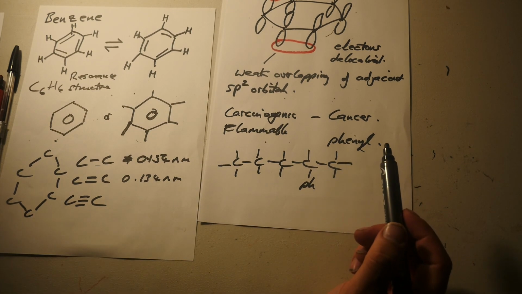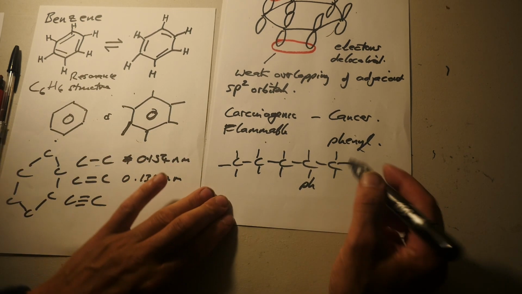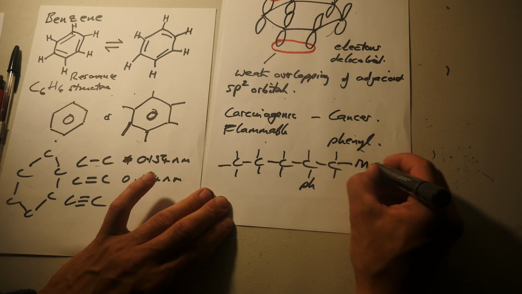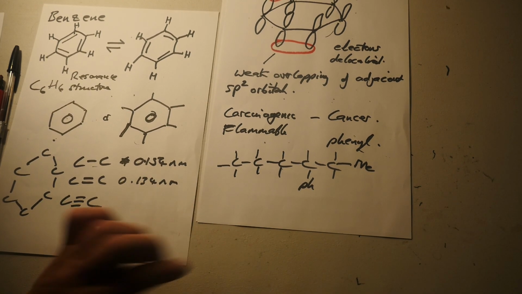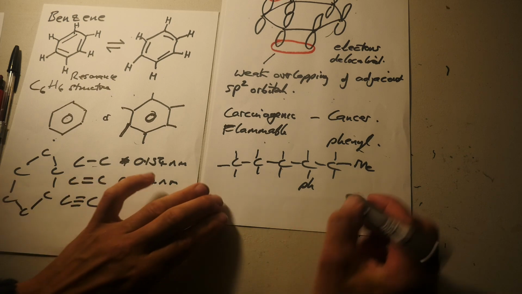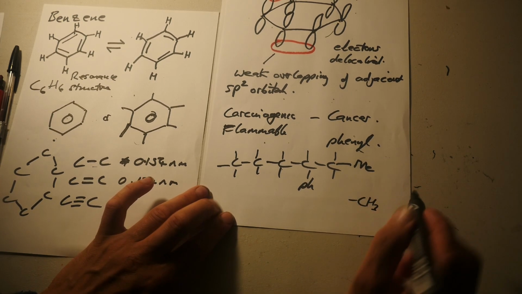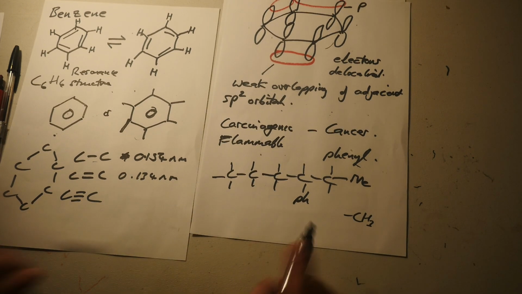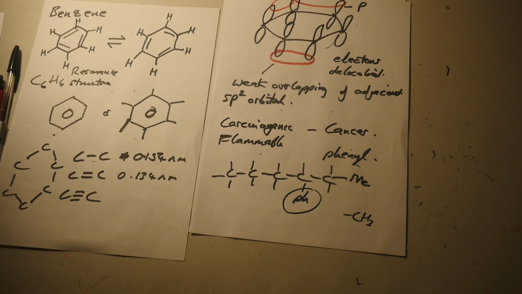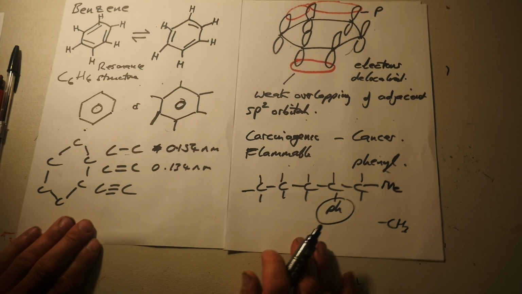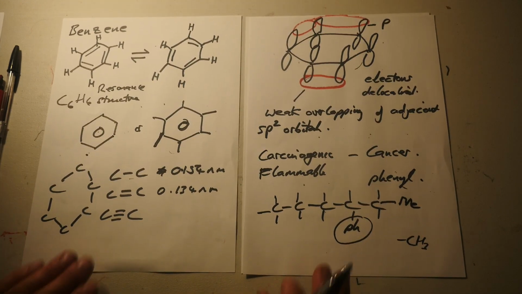Sometimes, if they want to add a methyl group on, people might simply write Me, because it's quicker than writing CH3. So that's another way of writing benzene phenyl. Okay, so that's benzene.